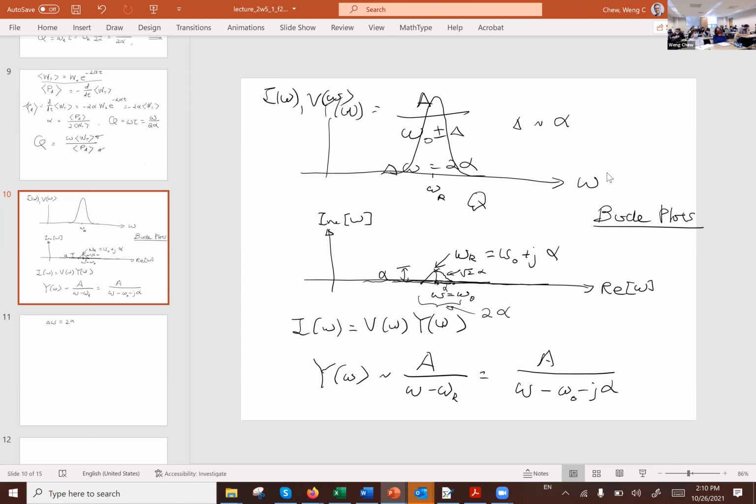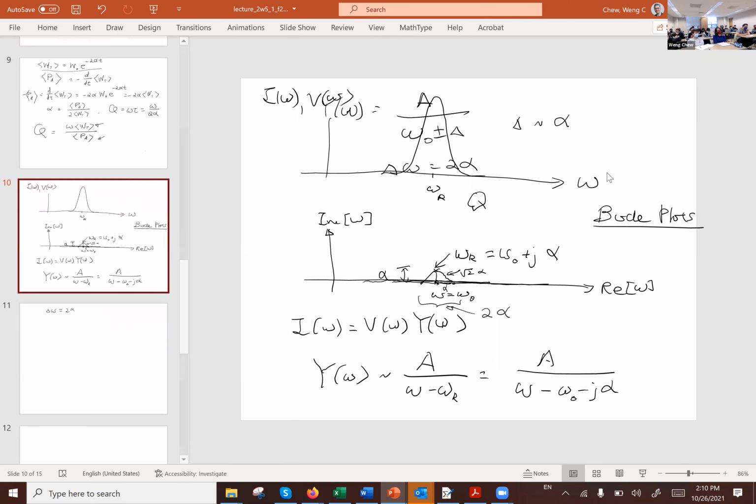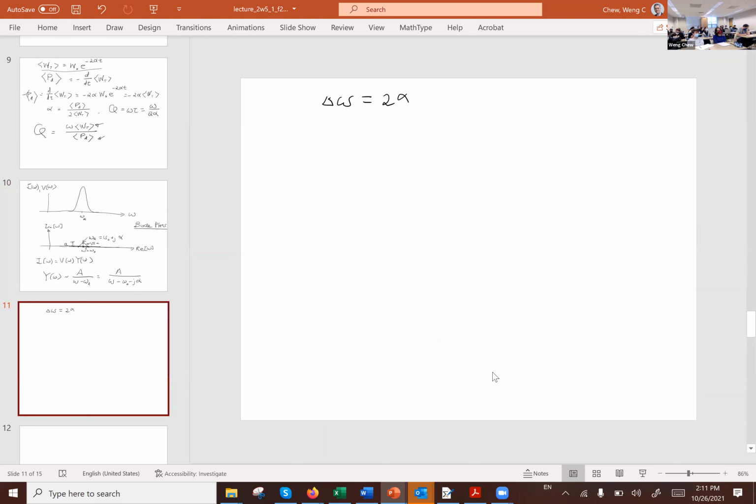And hence, Q, as we said before, can be written as the resonance frequency divided by 2 alpha.